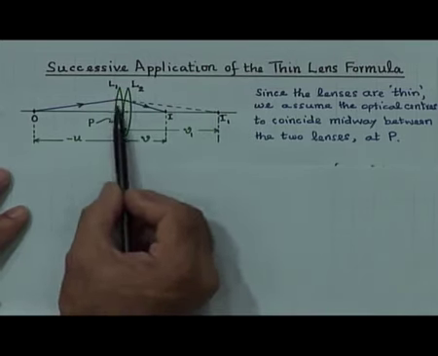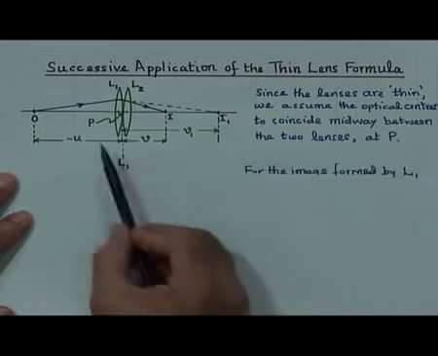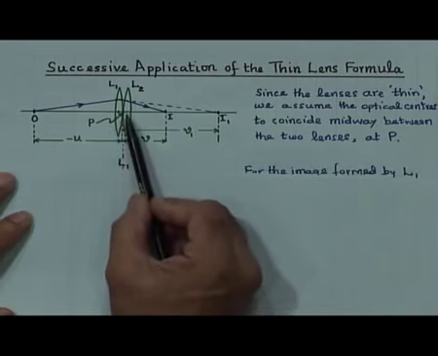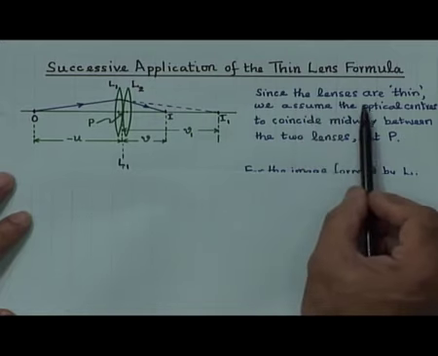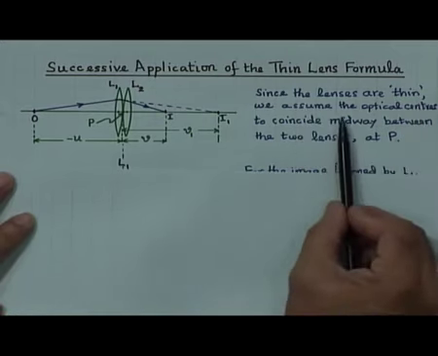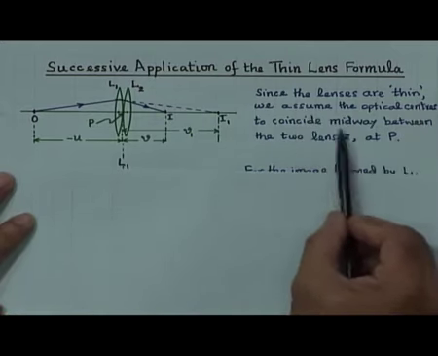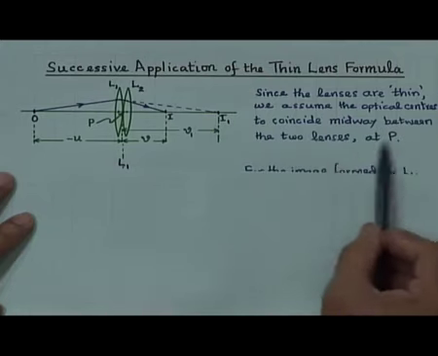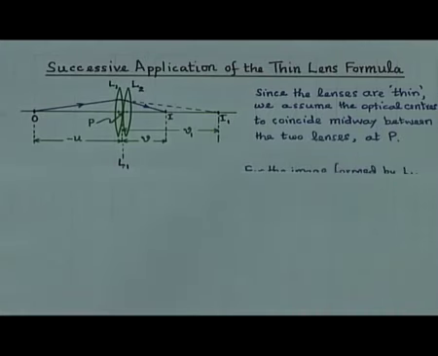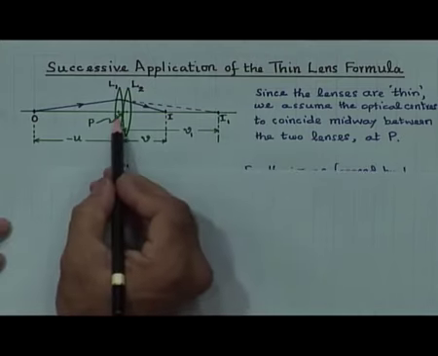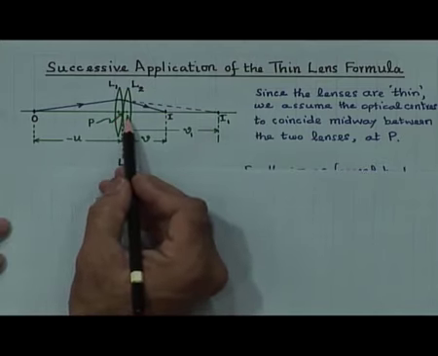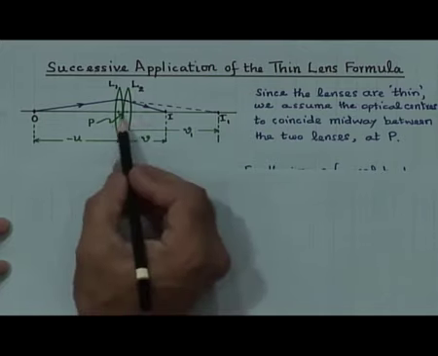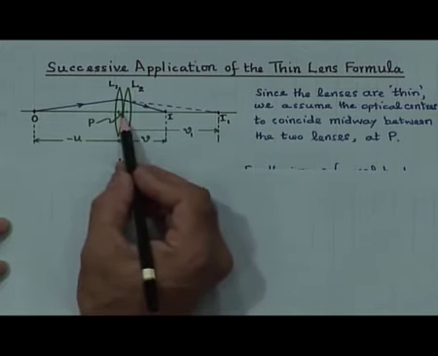Now first lens and second lens. Because we are treating thin lenses, we assume the optical centers coincide midway between the two lenses. So here is the optical center of the first lens and the second lens, assumed to coincide at the midway, because it's a thin lens, so the difference is very small.